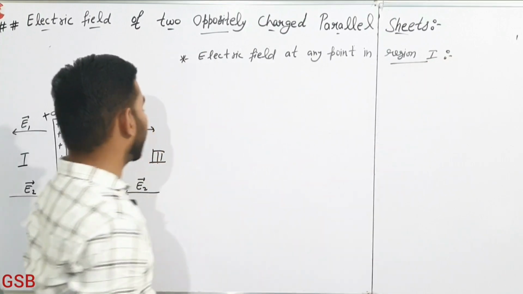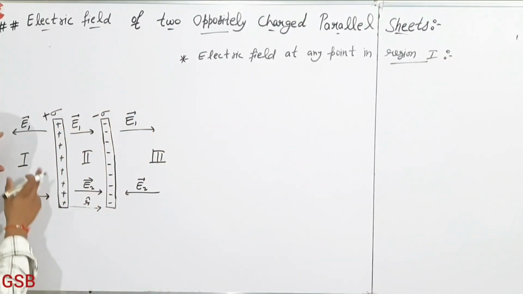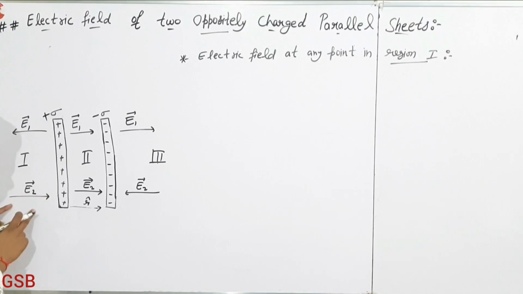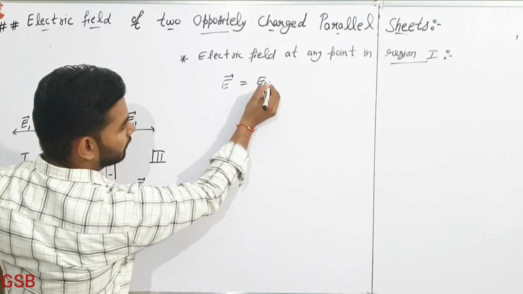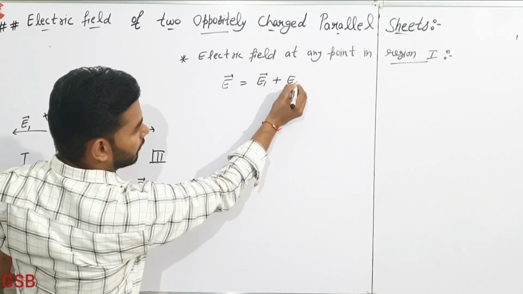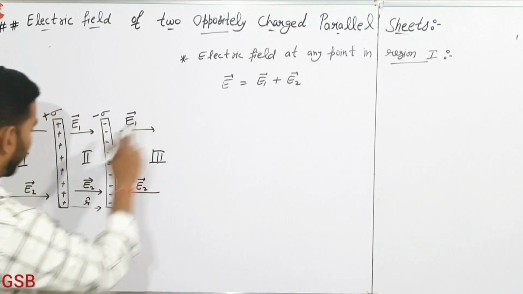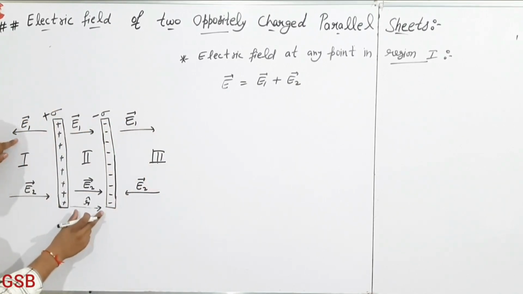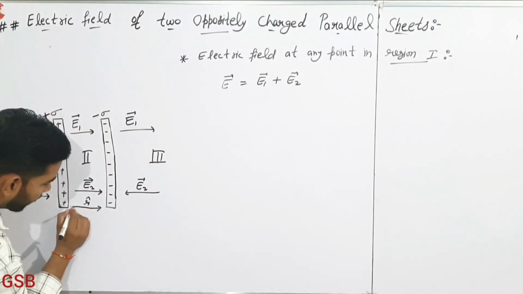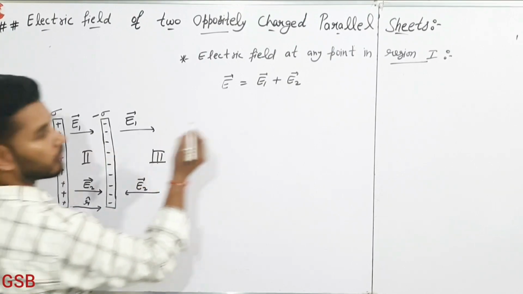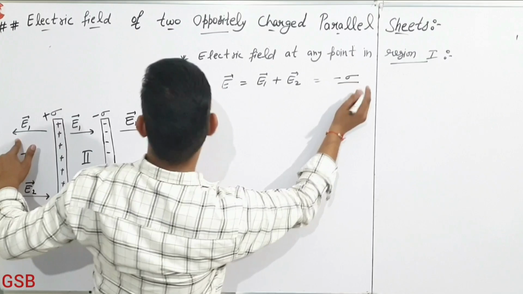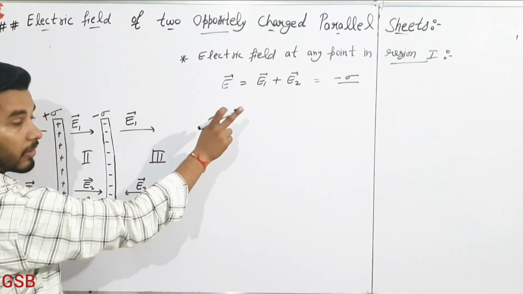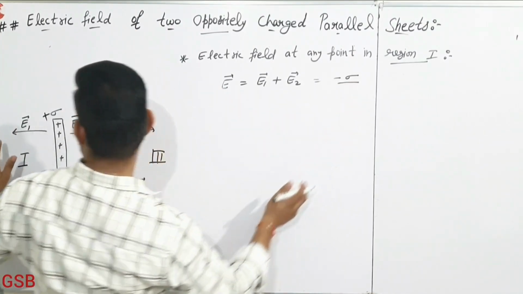In the first region, we know that E1 and E2 have opposite directions, but the total is represented as E vector equal to E1 plus E2, according to the superposition principle. Put the value of E1. E1 is opposite to the unit vector r cap, in the opposite direction. So the value of E1 will be minus sigma by 2 epsilon naught r cap.